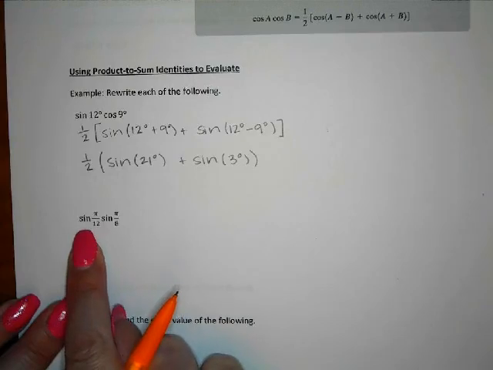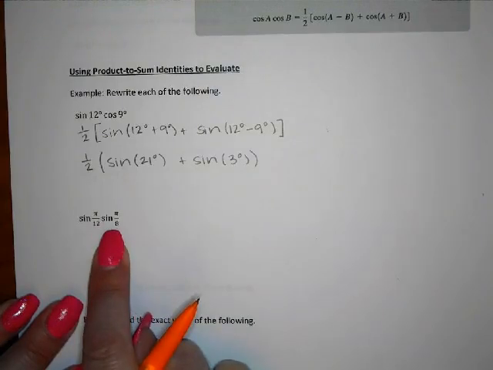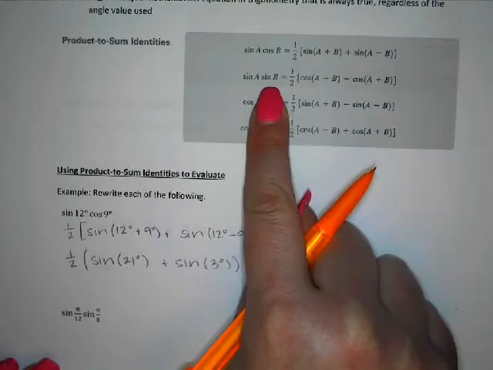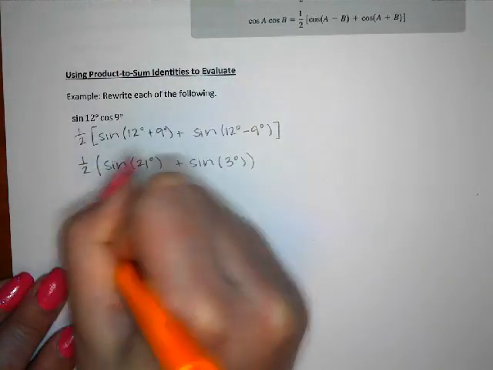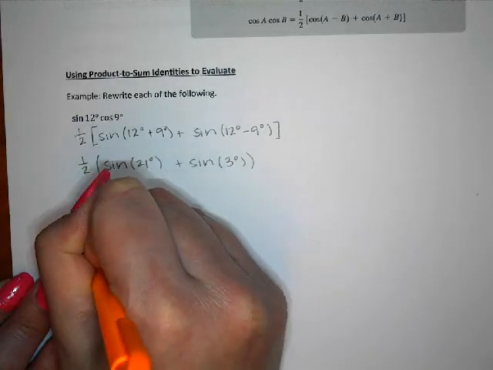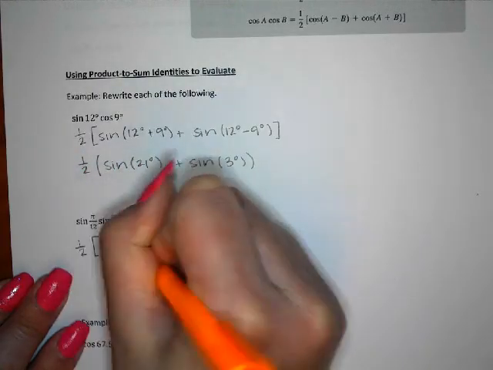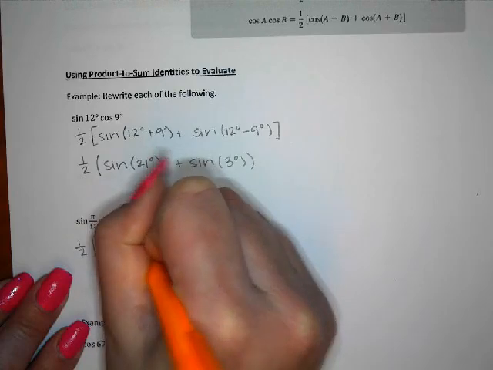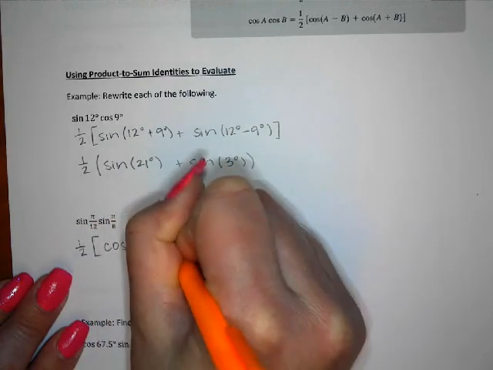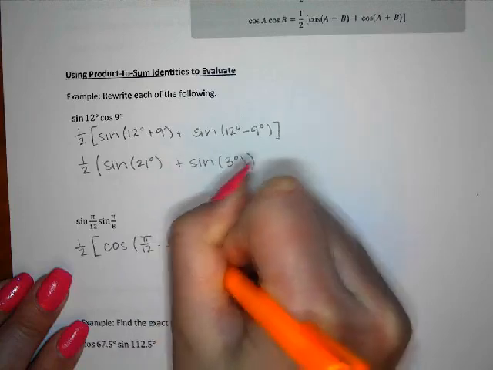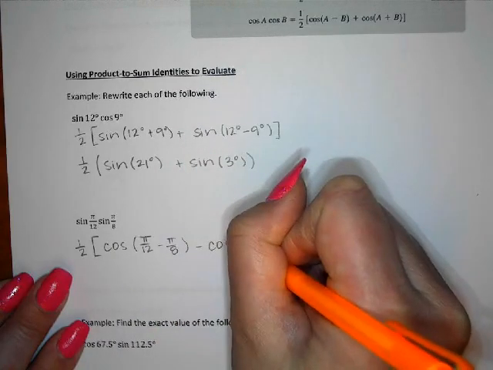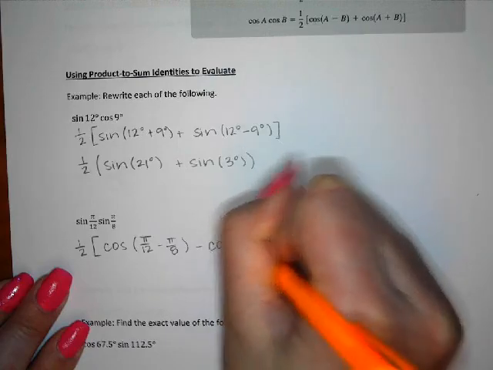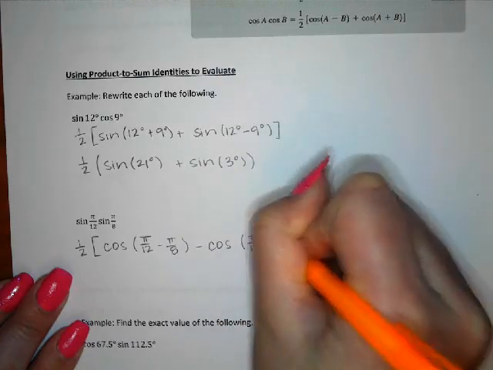That's it. For the next one, sine of pi 12ths times sine of pi 8ths. We're going to look at the one that has sine times sine. So I've got 1/2 of cos, the first angle minus the second, pi 12ths minus pi 8ths, minus cos, the first angle plus the second, pi 12ths plus pi 8ths.